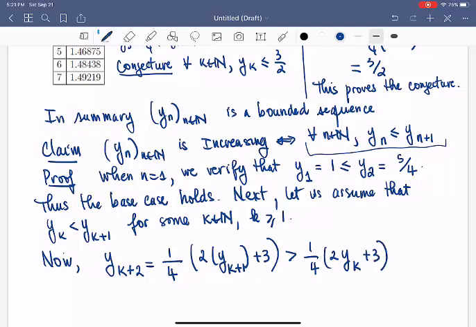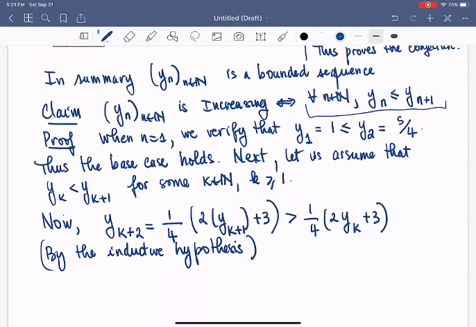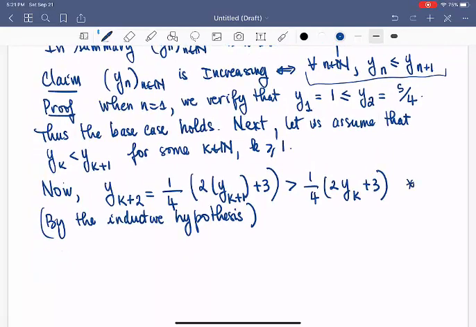By the inductive hypothesis. If you call this here star, and star is just y sub k plus 1.